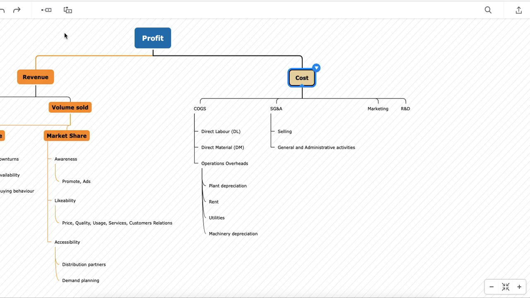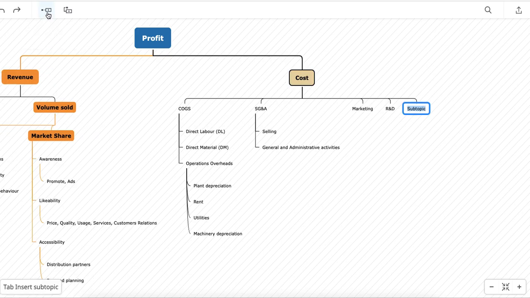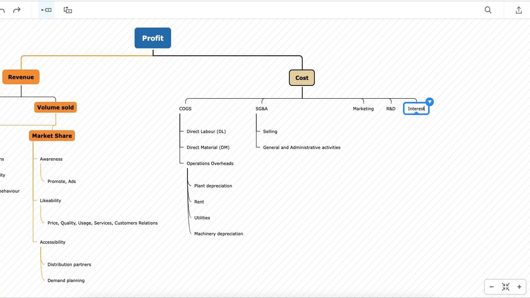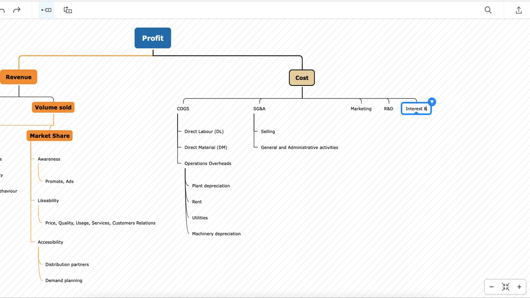There are other costs too, let's say interest. Sometimes companies take funds from banks, and for those funds they have to pay interest on a regular basis, and those interests can come here.